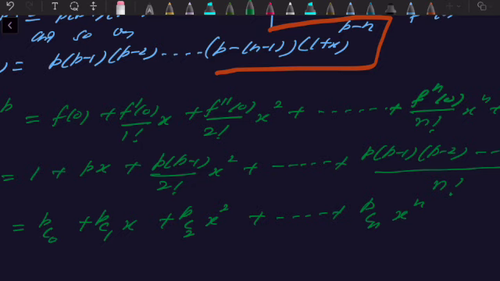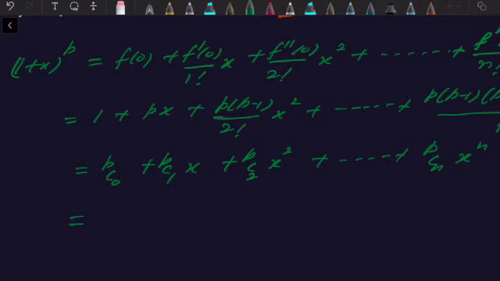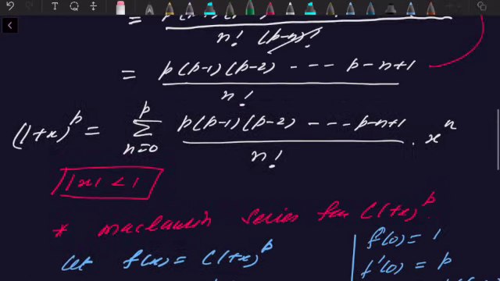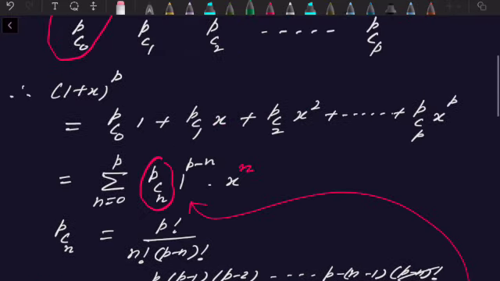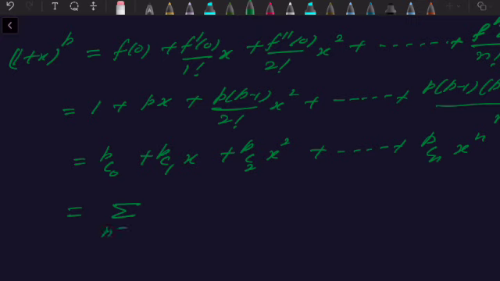We can generalize with the help of sigma, and we see that if you look at these binomial coefficients and this expression, they are same. Particular expression we can write like this: sum n from 0 to p, a general rule, pcn x raised to power n, and that is nothing but same binomial series.